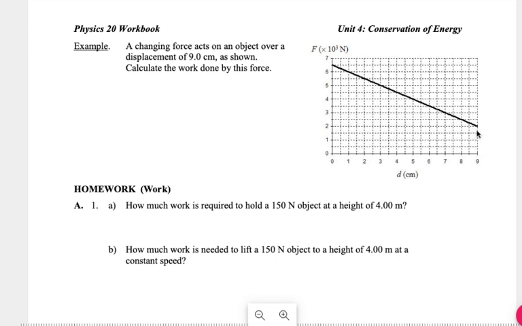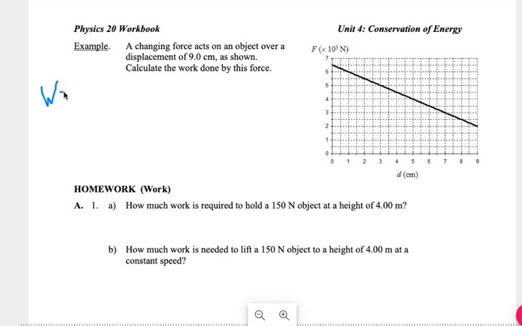When we had a displacement time graph or a velocity time graph, we could find the area. The area under a velocity time graph gives us displacement, because displacement is velocity times time. What is force times displacement or distance? That's going to give us work, right?